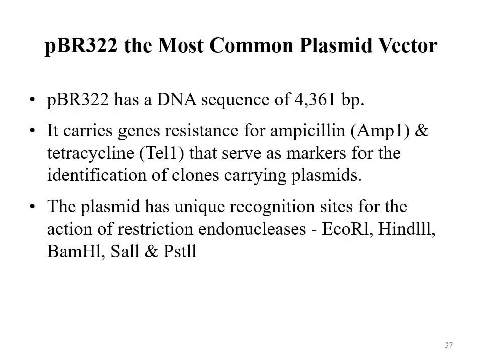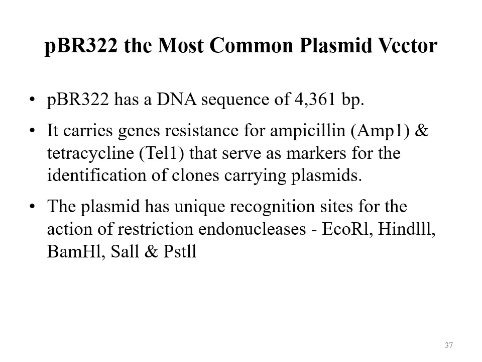The pBR322, the most common plasmid vector, has a DNA sequence of about 4,361 base pairs. It carries genes for resistance to ampicillin and tetracycline that serve as markers for the identification of clones carrying plasmids.